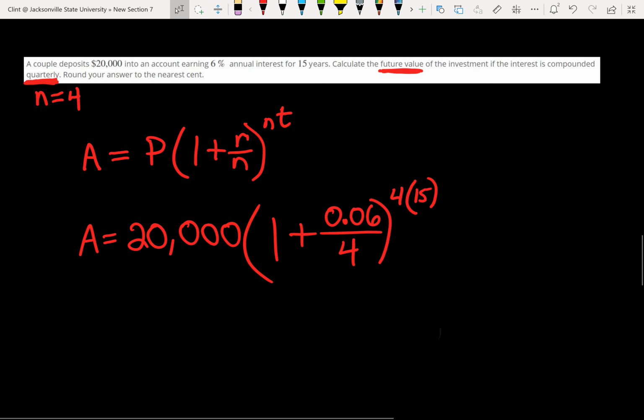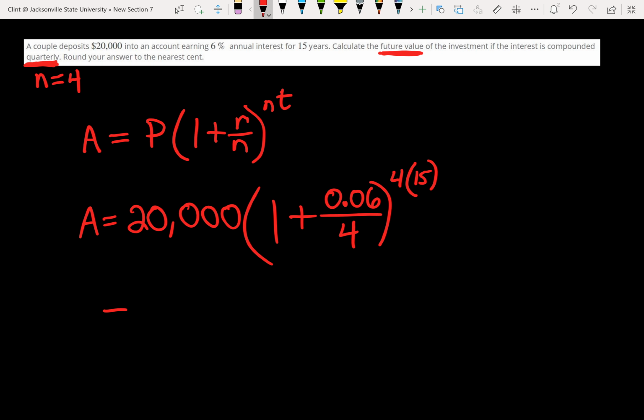So you have to be a little careful about where you put parentheses in your calculator on this one, but what I'm going to do is parenthesis 1 plus 0.06 divided by 4, close parenthesis, and then raise it to the exponent of, you can do 4 times 15, I know 4 times 15 is 60, so I'm going to raise it to the 60th power.